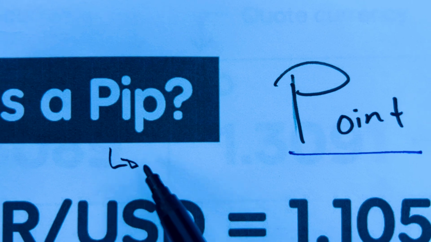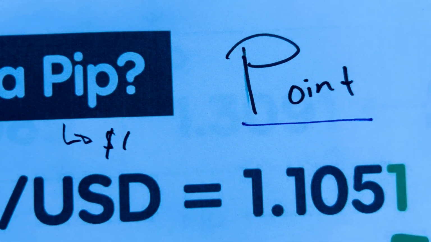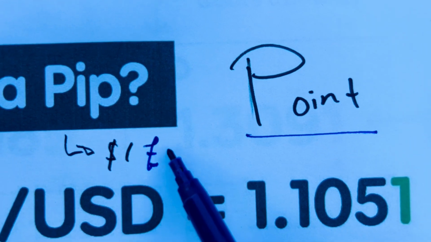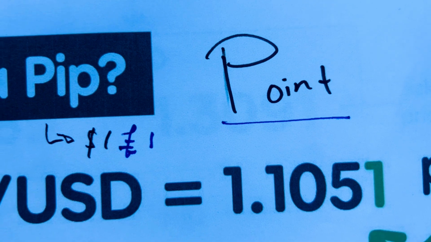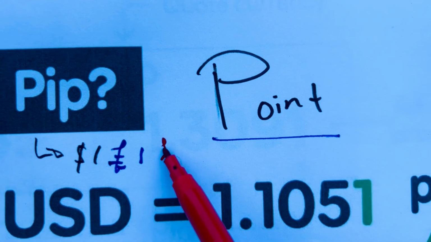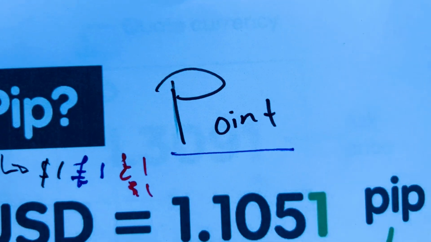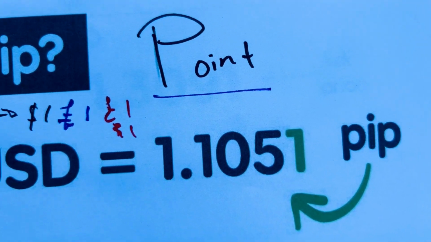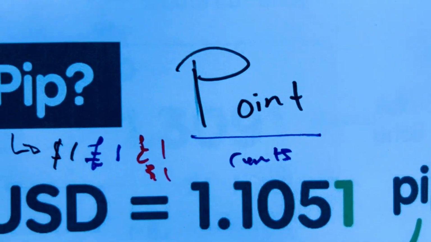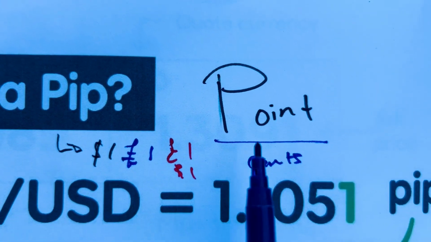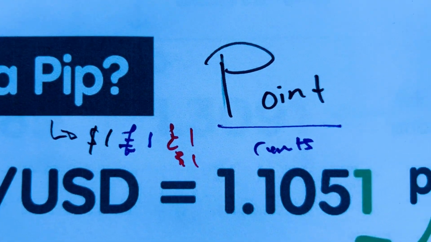Think of your pip like money: $1, €1, £1, R1. Think of your points like cents. That's it. This is how you can understand points or pips. It is simple.